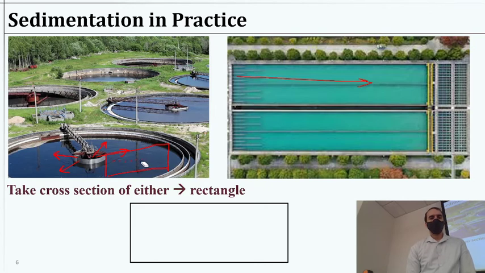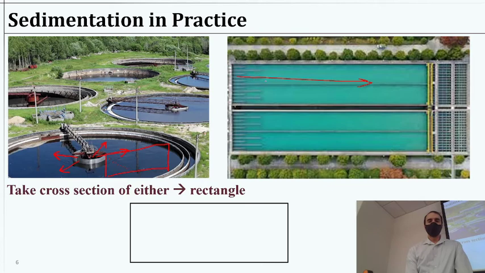The question is really, how fast is the water moving compared to how fast is the particle moving? Is the particle going to hit the ground and be separated before it reaches the end and flows over the edge of the system?